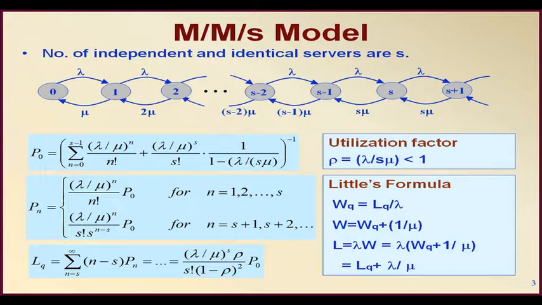So, it should also be remembered, particularly in the LQ formula, where it is written lambda by mu to the power S, rho by factorial S, 1 minus rho whole square, P0, that rho is nothing but the utilization factor, that is lambda by S mu. So, this fact has to be remembered very carefully.